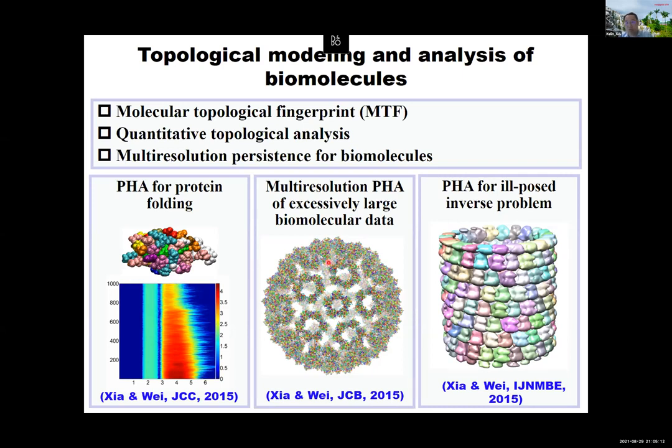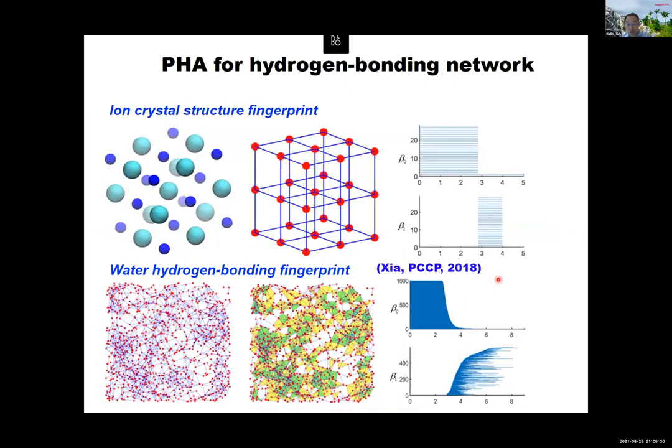So we came up with a way to transfer it into a density representation and then calculate the barcode. We have also handled some cryo-EM data. Basically, there is a certain density representation and how it connects to the atomic resolution. I will not go into too much detail on these things. I just want to emphasize two examples we have done recently that may be more related to this.